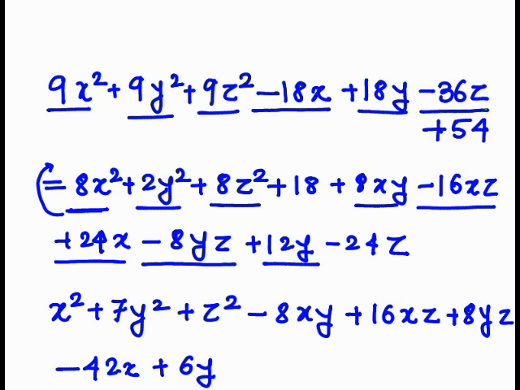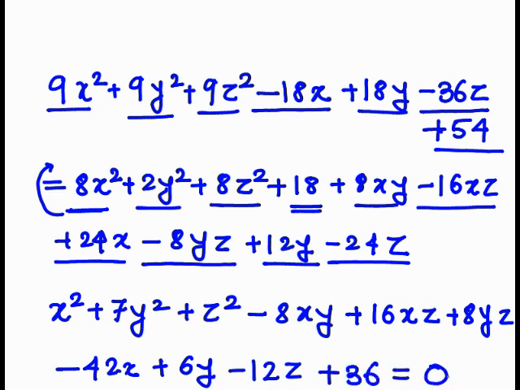Minus 36z, minus 24z moved to the left side will become plus 24, so we get minus 12z. And the constant term we have is 54 minus this 18 value, so we get plus 36 is equal to 0. This is the required equation of a right circular cone.